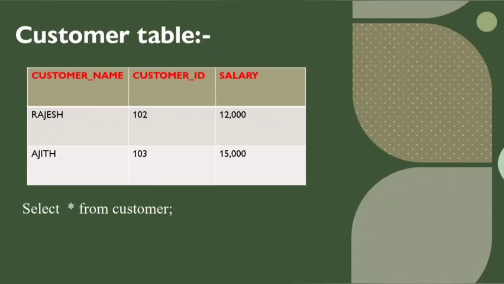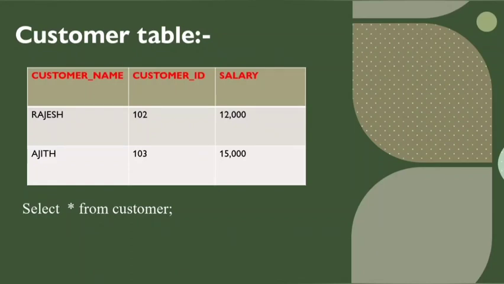If you inserted some records into the table, those records will also be visible. If you didn't insert values into the particular table, it won't show them. It will show only the columns. First we gave customer name and later customer id and salary, so those three came as the columns. Okay, so this is the structure of the table which we created in the last example.